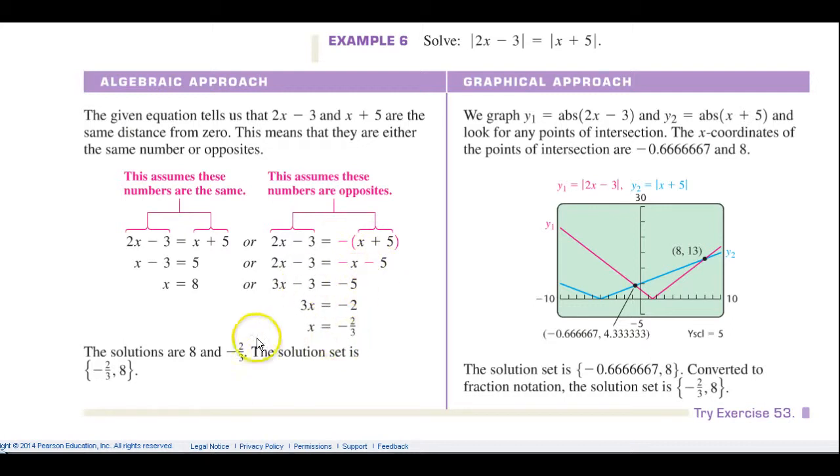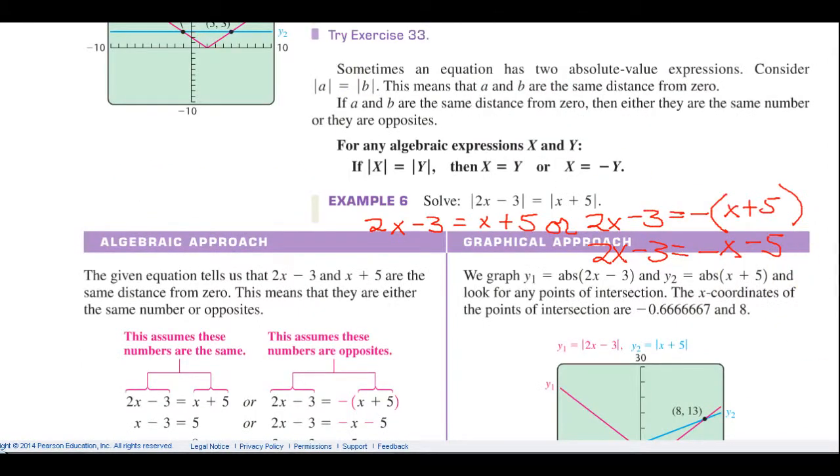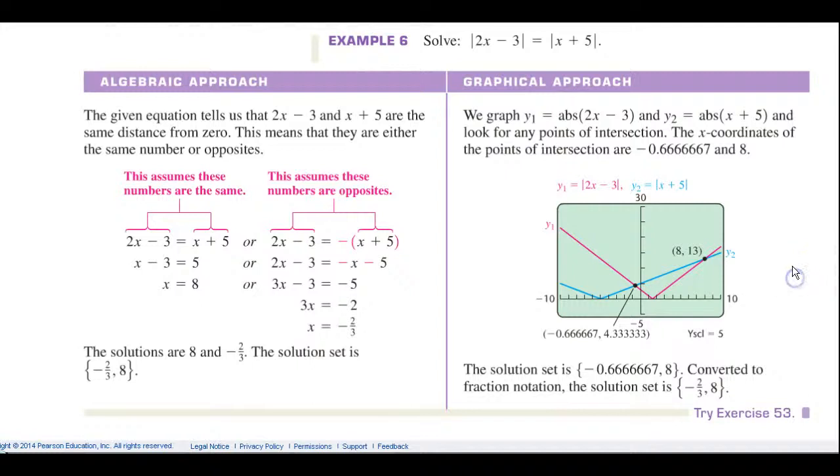Okay? And you could plot that on a number line if you like. And this is what it would look like in a graph. But again, we're not doing graphing. So I'm not going to feature that right now. Okay, let's go on.